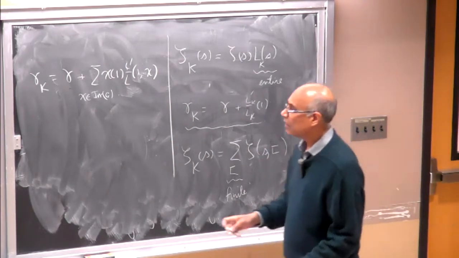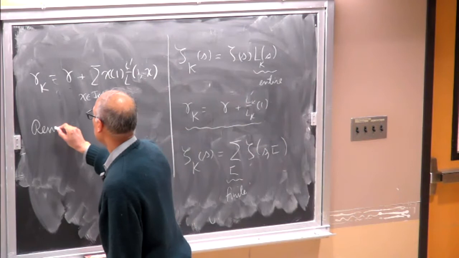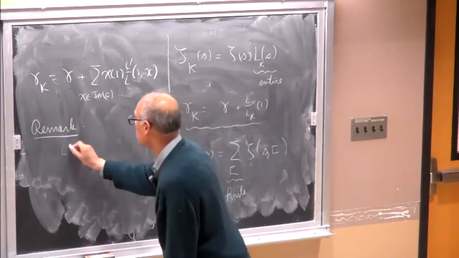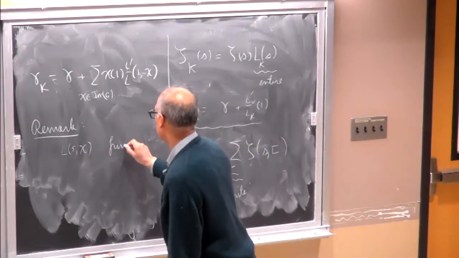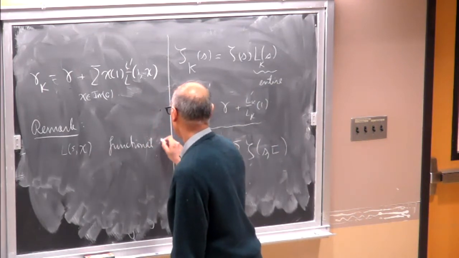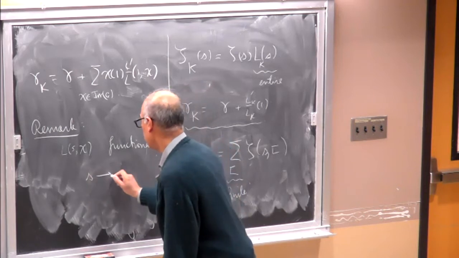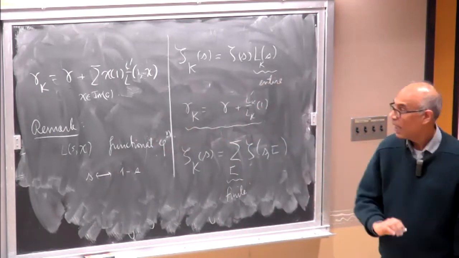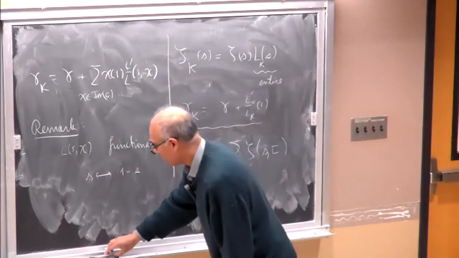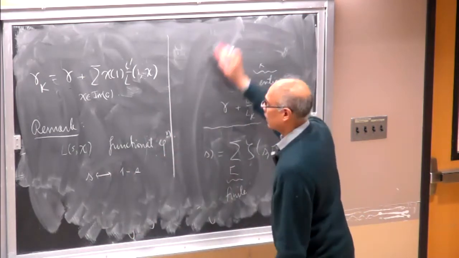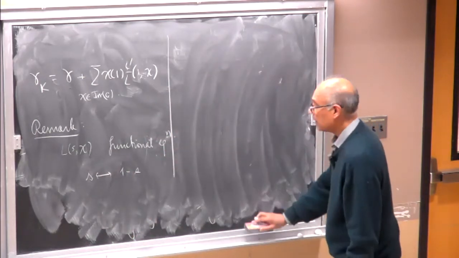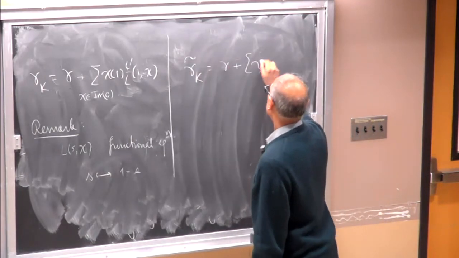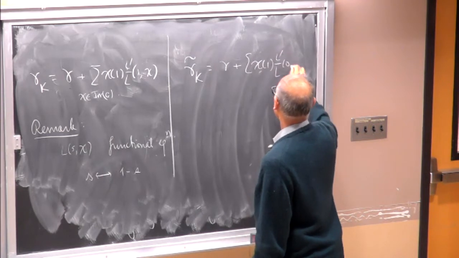Now I make the remark, because it's going to be important, that these L(s, chi)'s have a functional equation which relates the value at s to the value at 1 minus s. There's a symmetry. And therefore, I can also consider a variant of this gamma k, which I call gamma k tilde, where I look at the same thing, but now use L prime over L at 0, chi.